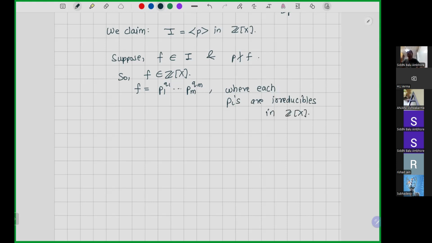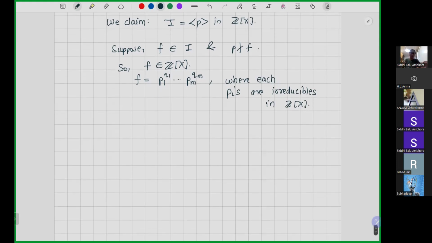Right? Is this okay? Anywhere if you feel that something is not okay, please let me know. If you have any doubt, please write it in the chat or unmute yourself and ask. Okay, so F is of this form.